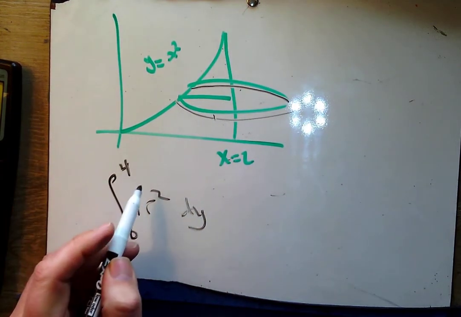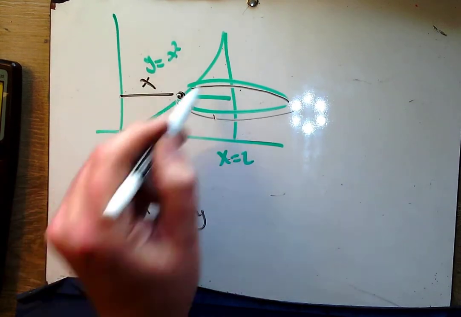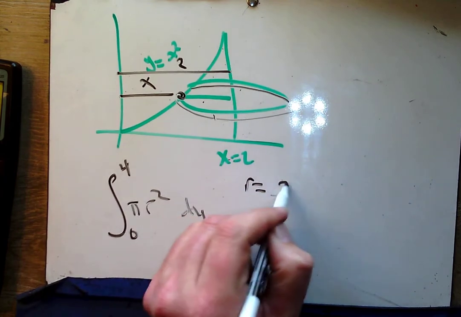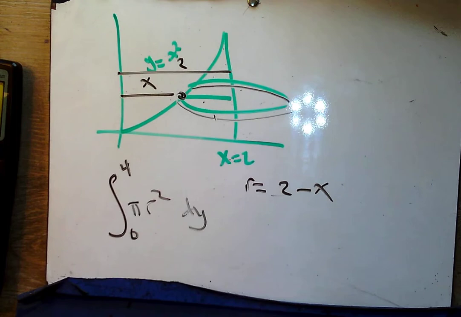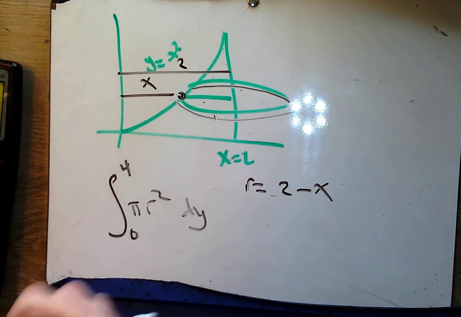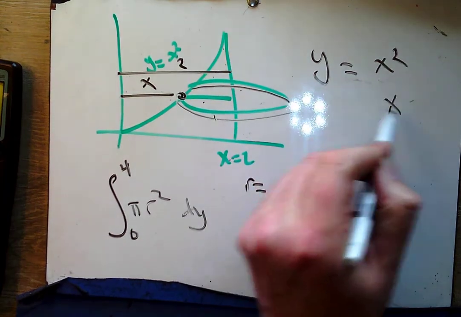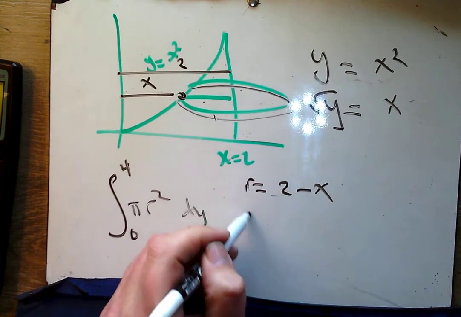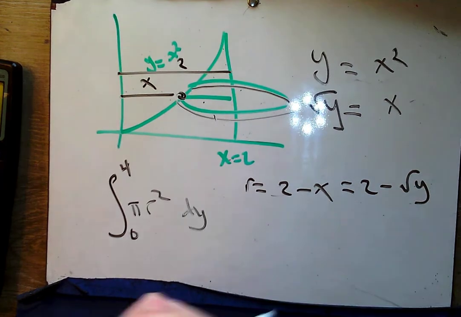What's the radius here, though? No, the radius is not x. This is x. This is 2. The radius is 2 minus x. And it's a dy integral, so I've got to get rid of x and put some y stuff in the place. Remember, y equals x squared, and so x is the square root of y. So that's going to be 2 minus root y.